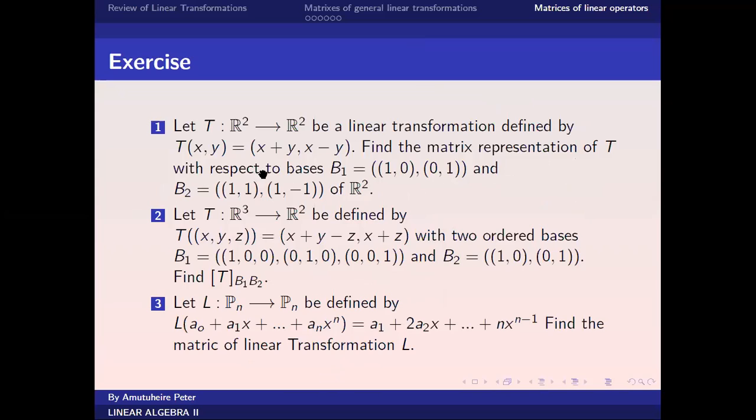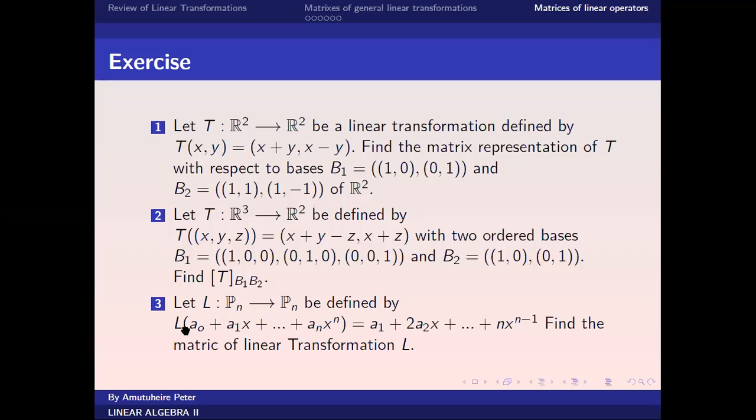Remember, there is some work from the previous lecture, and now this is also work. Next time we meet, if time allows, anyone who is ready to present can make a presentation. In the first example, it is a linear operator. The second one is a linear transformation. It maps R3 to R2. The third one, this Pn, is a general polynomial.